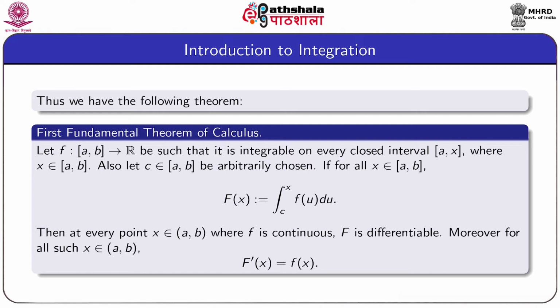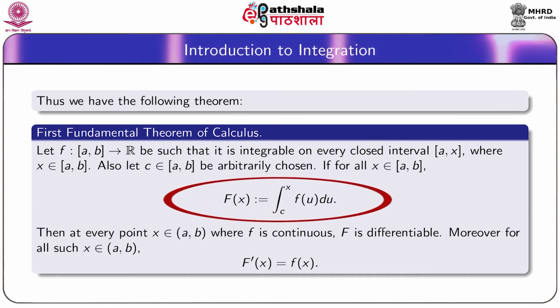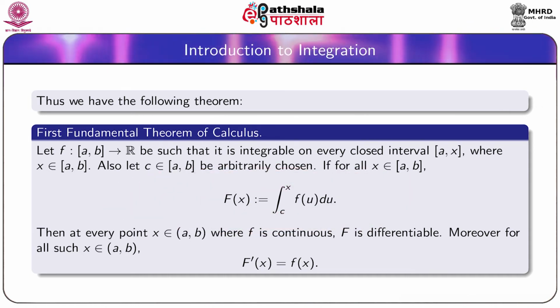Thus, we have the following theorem. First fundamental theorem of calculus. Let small f from the bounded closed interval AB to R be such that it is integrable on every closed interval Ax, where x is a point arbitrarily chosen from the bounded closed interval AB. Also, let c from the bounded closed interval AB be arbitrarily chosen.